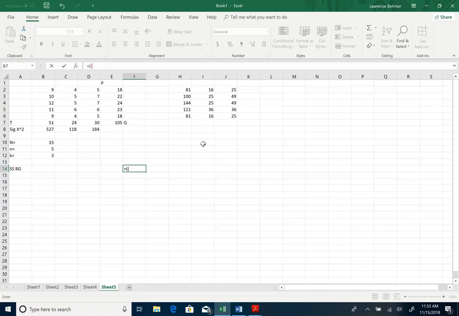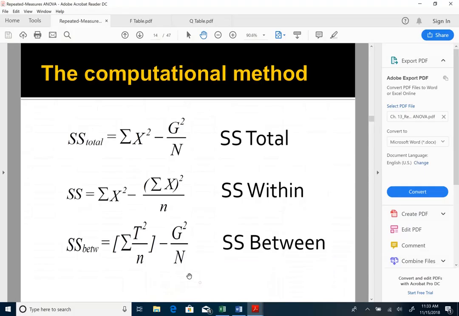So I'm going to go 51 squared divided by my little n of 5, plus 24 squared divided by my little n of 5, plus 30 squared divided by the little n of 5. Okay, and that gives me 815.4.